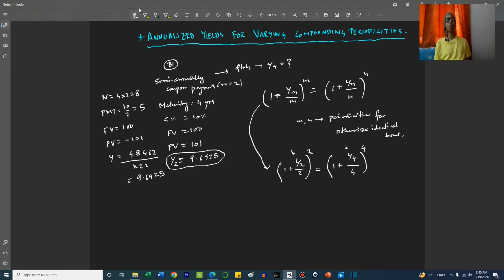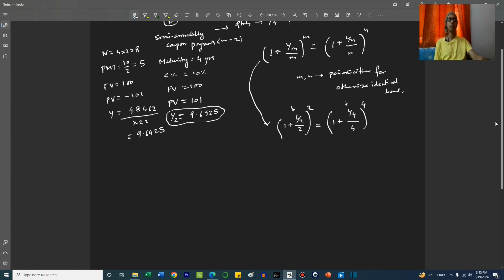Y4 is for the quarterly compounded case, right? Again, I'll repeat, Y2 and Y4 are annualized yields for semi-annual compounding and quarterly compounding respectively. These are not the periodic yields, these are the annualized yields for semi-annual compounding and quarterly compounding.